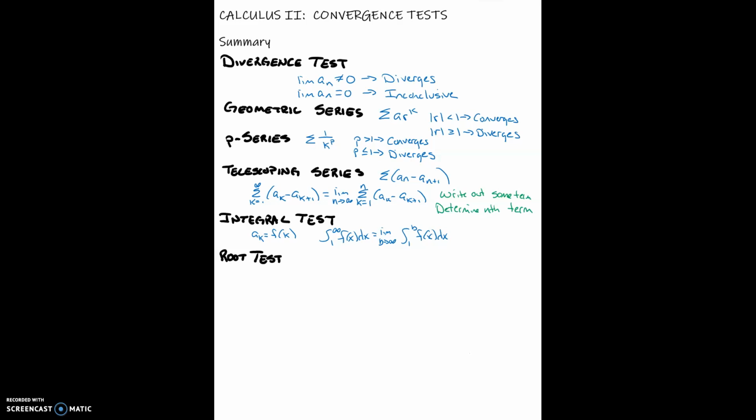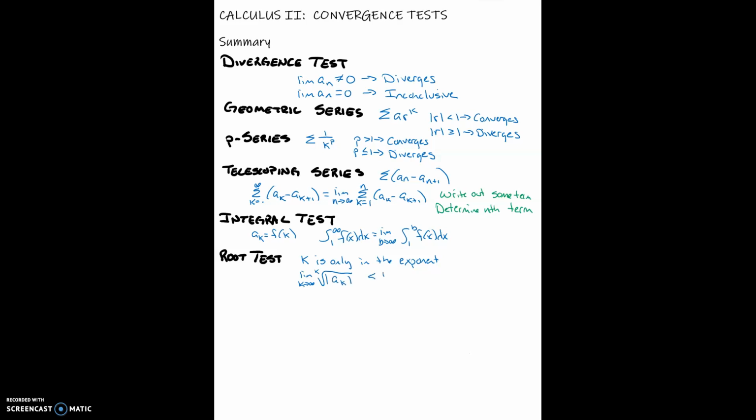Really, the root test is easy to identify. As long as k is only in the exponent, then I'll know to use this one. Just a real quick review of that one. We're going to take the limit as k goes to infinity of the kth root of the absolute value of the terms of our series.